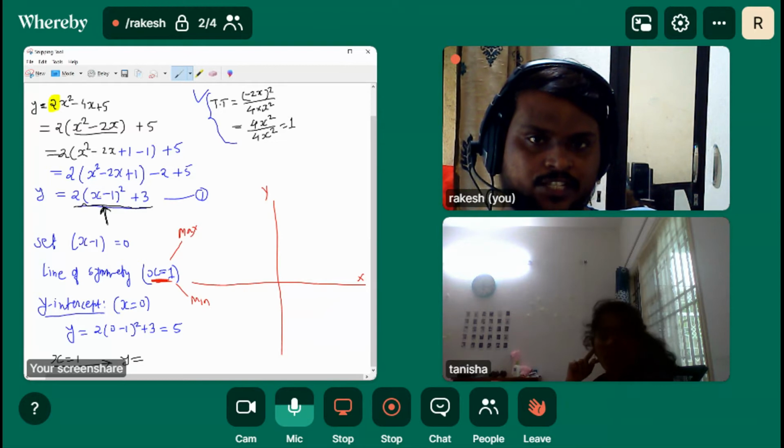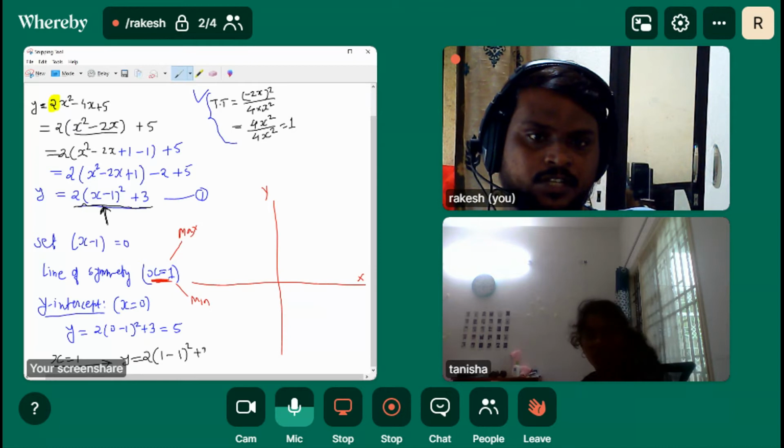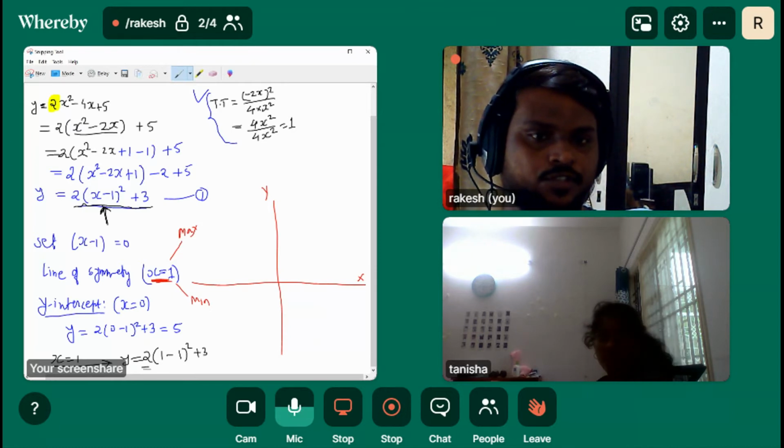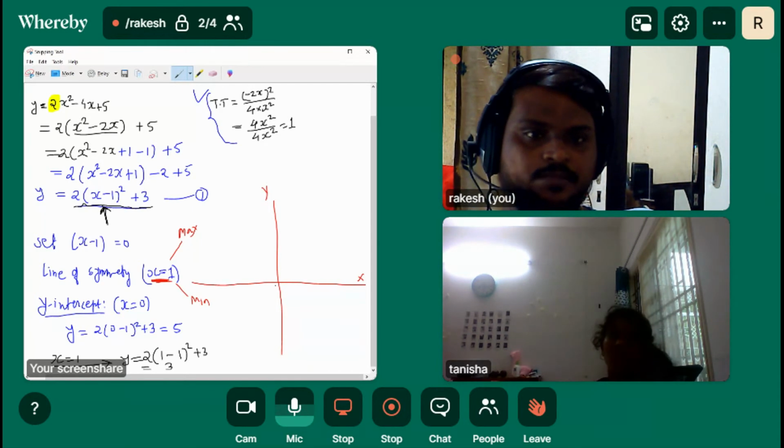See, when you plug x is equal to 1, here, 1 minus 1, 0, right? See, let me put that. 2 into 1 minus 1 the whole square plus 3. So what is 1 minus 1? 0. 0 into 2, 0. So you will just get plus 3.